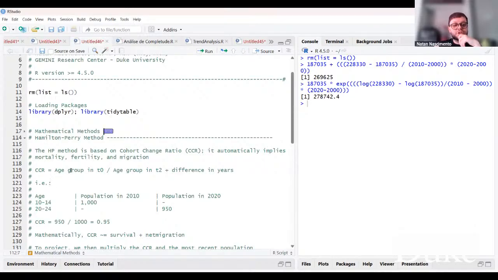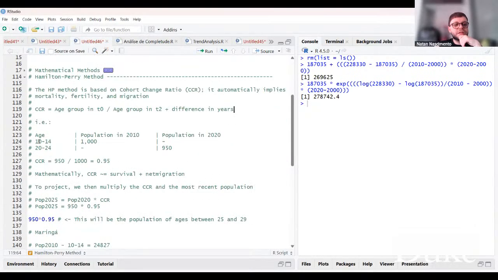This is an age group at time 2 divided by the same age group at time 0, plus the difference in years. What does it mean? In 2010, I have the population aged 10 to 14, sorry, and this population is 1,000 people. In 2020, 10 years apart, that population has aged 10 years, so it is 20 to 24.